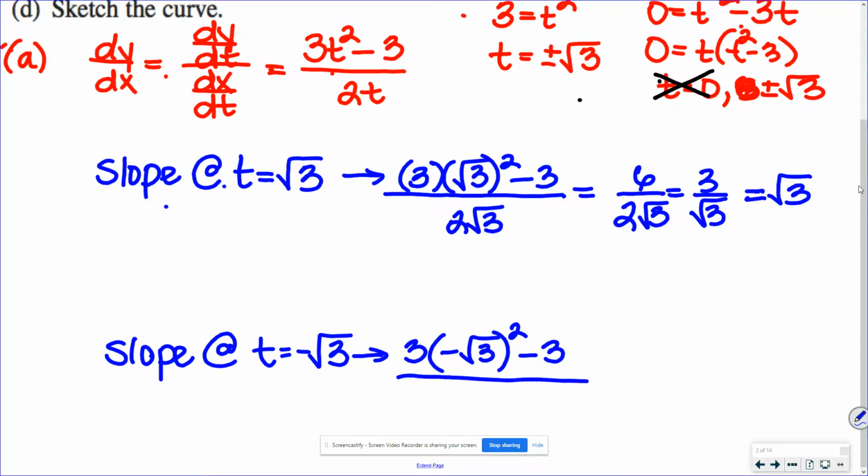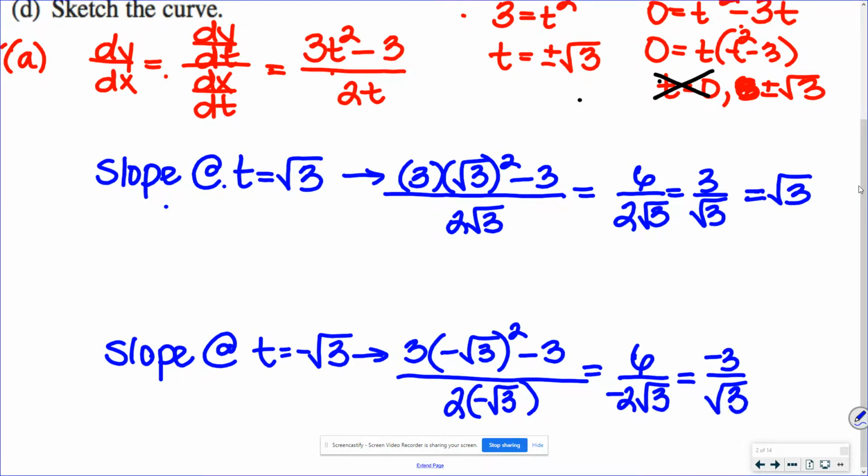Is it going to be a whole lot different than our last slope value? I don't think so. The top is still going to be 6, and the bottom is going to be negative 2 radical 3. So this would simplify to negative 3 over radical 3, which is going to rationalize and become negative radical 3.